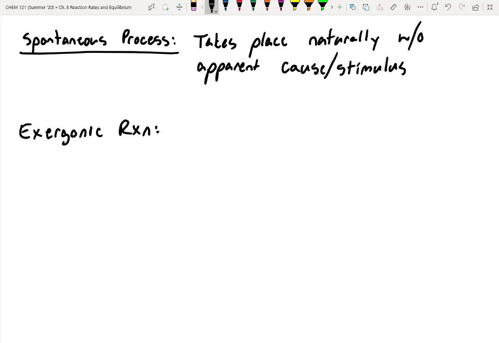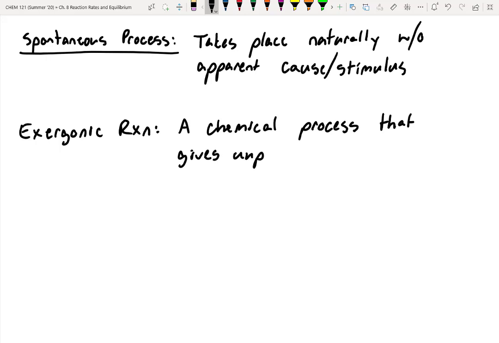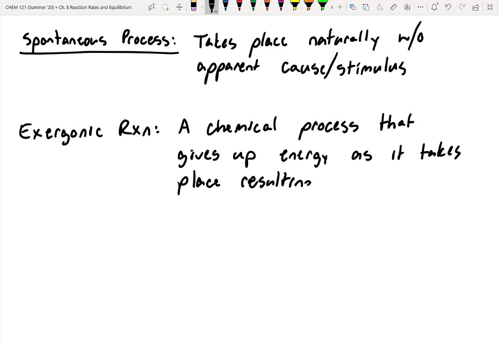And an exergonic reaction is going to be a chemical process, not always a reaction, I should say, that gives up energy, just like the ball gave up energy, as it takes place, resulting in more stable products.